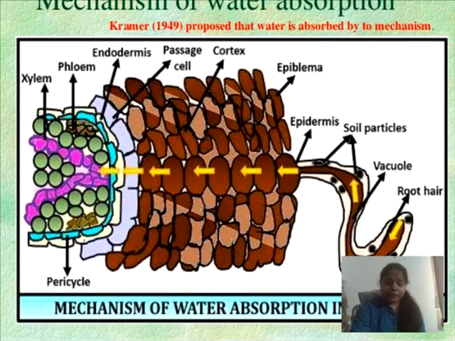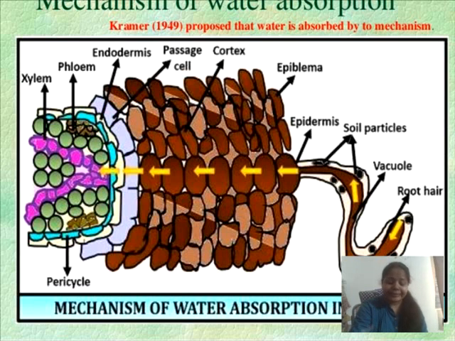So there are three possible pathways. Number one, through a system of interconnecting cell walls and intercellular spaces. That is the non-living pathway, or what we can call the apoplast pathway.